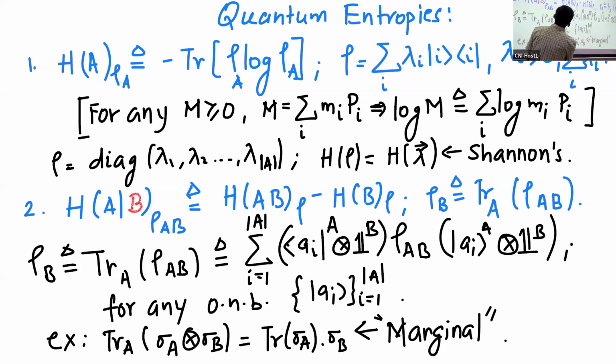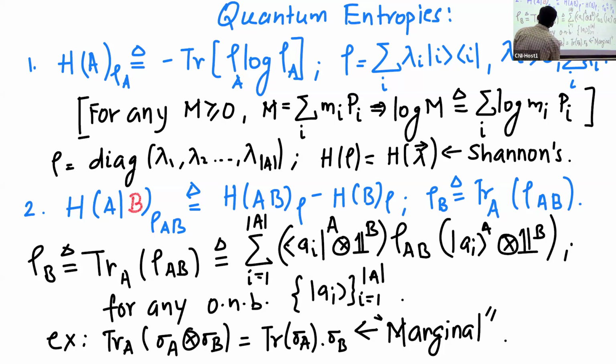And then I can define what is rho A log rho A. The log of this operator is nothing but log of lambda i, keeping these projectors intact. And in order to define this, I need to ensure that all these eigenvalues are bigger than 0. And if I have 0 times log 0, as we do in classical information theory, that entropy is 0, we'll assume this is 0.